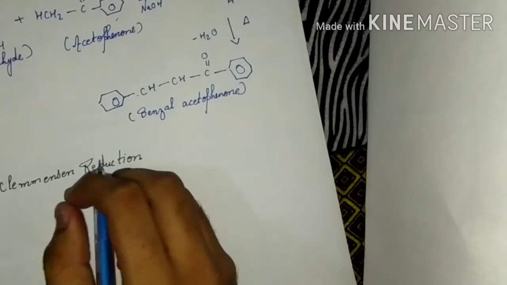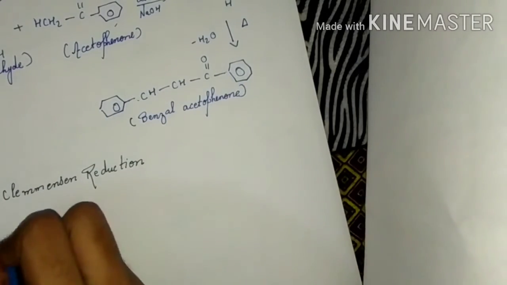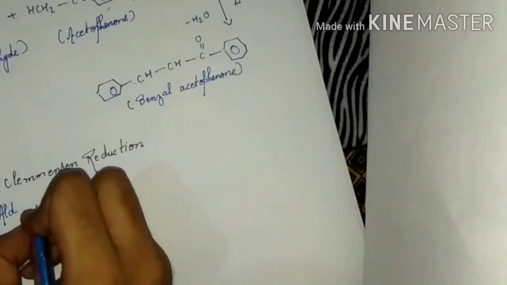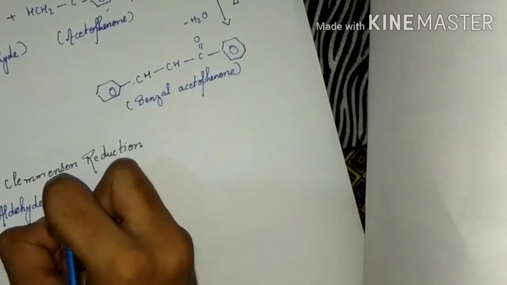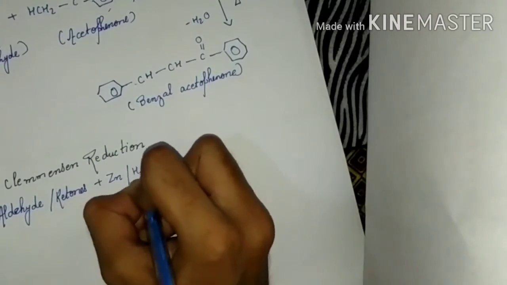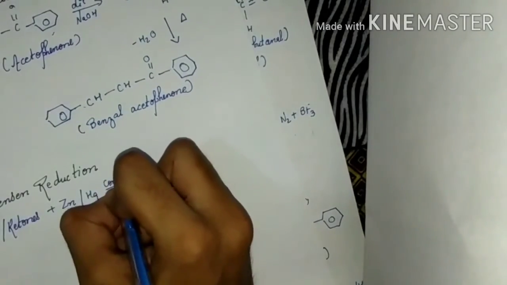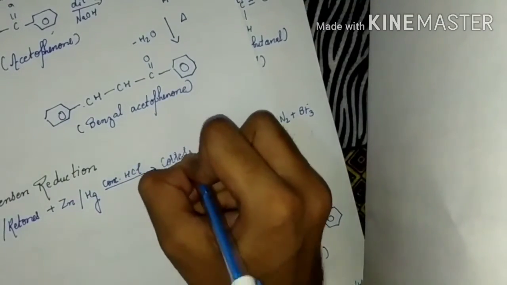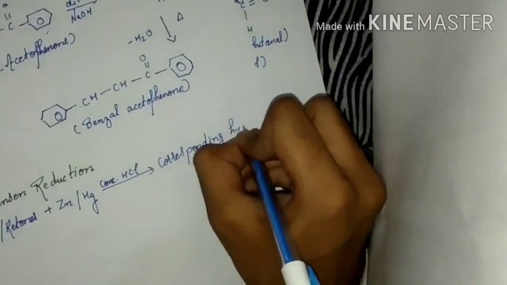Okay, let us write that. Aldehyde or ketones in the presence of zinc or mercury in concentrated hydrochloric acid give the corresponding hydrocarbon.